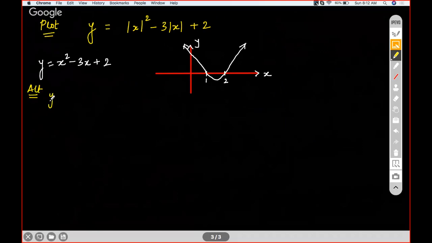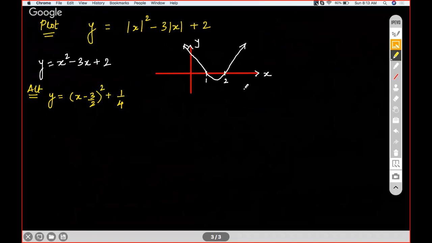Alternately, you can do one thing. You can actually complete the square here as well. So you can write x minus 3 by 2 whole squared, minus 1 by 4. Sorry, minus 1 by 4, not plus.